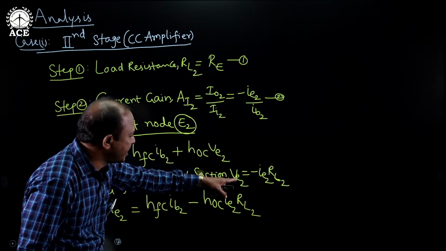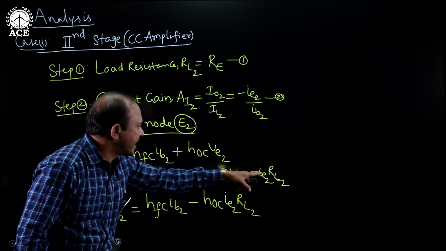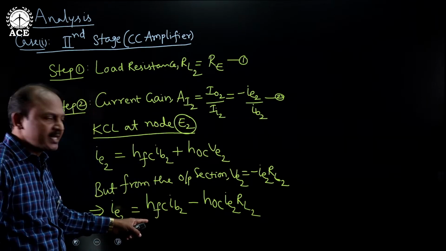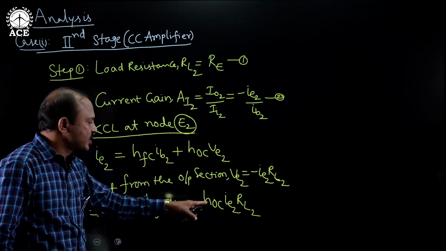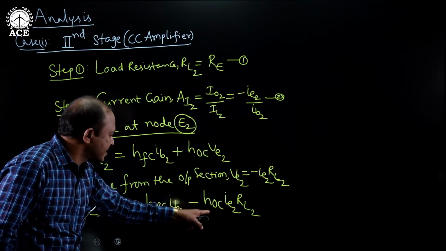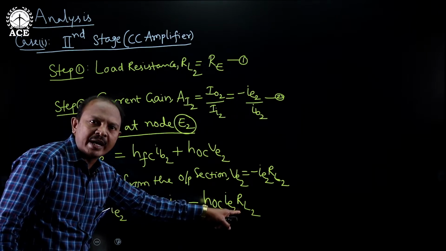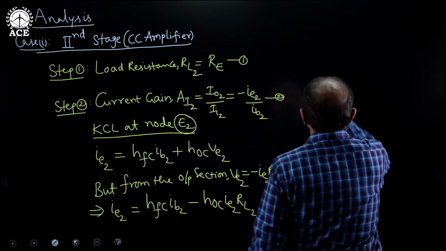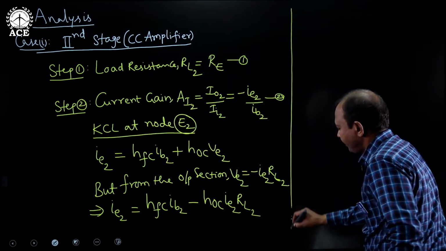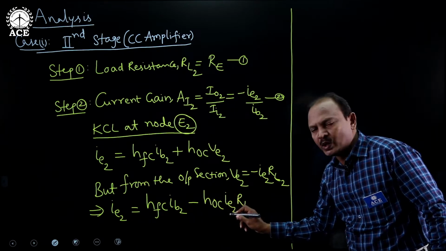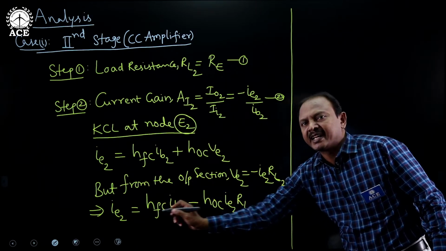I have substituted VE2 equal to minus IE2 RL2 in the above equation, which gives us IE2 equal to HFC IB2 minus HOC IE2 RL2. Then let us transfer this minus HOC IE2 RL2 to the left hand side and take IE2 common.